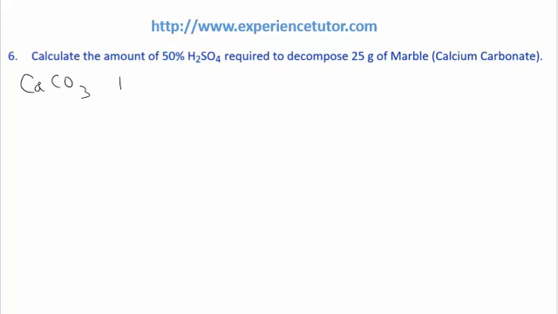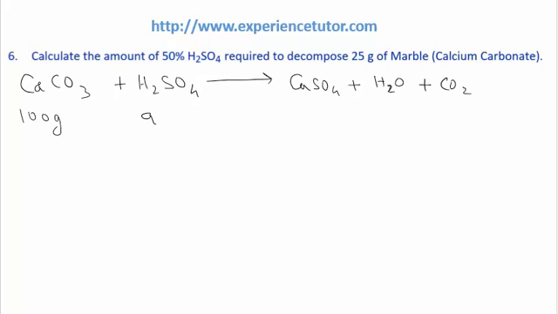CaCO3 plus H2SO4 gives CaSO4 plus H2O plus CO2. So CaCO3 is 100 gram, H2SO4 is 98 gram.